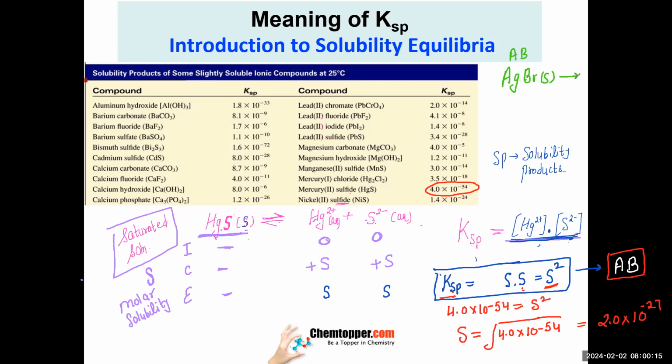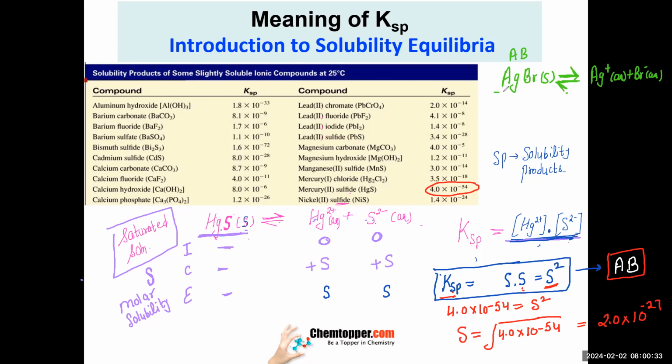It will dissociate to give you Ag plus aqueous and Br minus aqueous. It is a weak electrolyte. I'm making a saturated solution, right?